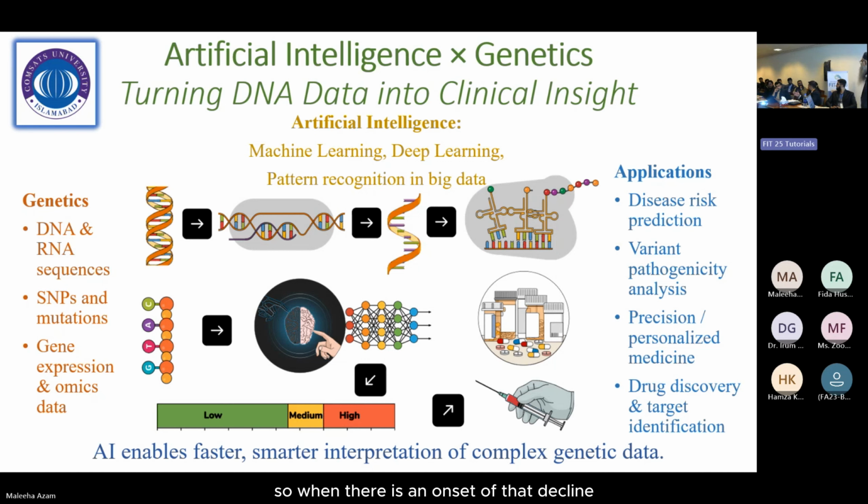When there is an onset of that decline, it gives you the indicator. So MRI is the later one, while the onset can be detected at an earlier stage. That is basically the application of the model: early detection of Alzheimer's.